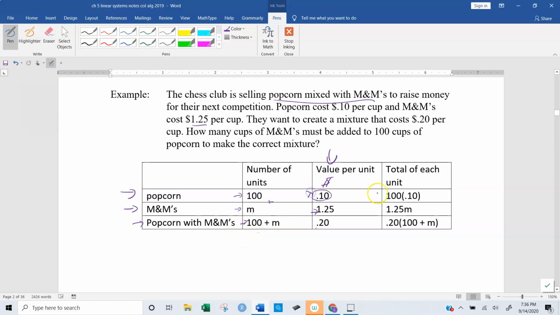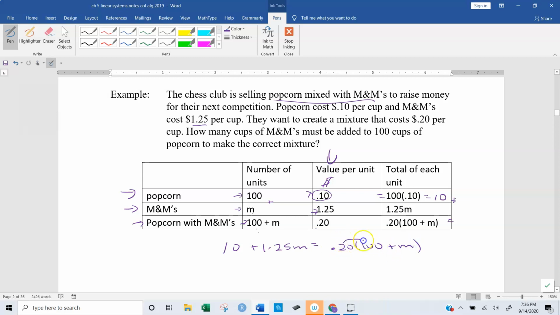Now we're going to multiply. Get 100 times 0.1. So we got 10 here. Multiply 1.25. Here we take the 20 times 100 plus M. So remember now I add these up and this equals this total. So let's do that. We're going to get 10 plus 1.25m, and I'm just going to leave this for right now. So 20 cents times 100 plus m.